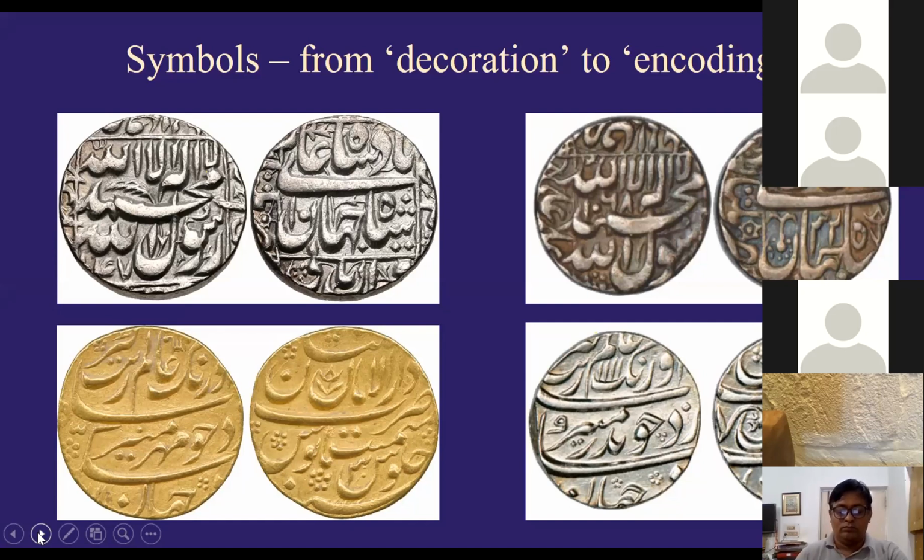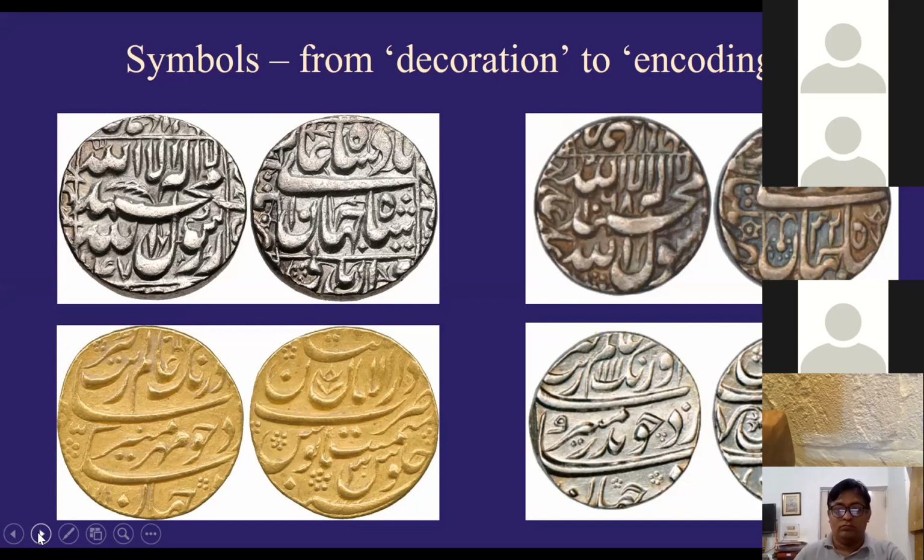And there are lots of Mughal coins where certain features stand out, and they are many times specific to certain mints. So for example, here are 4 examples of coins of Multan. The top 2 coins are of Shah Jahan, and the lower 2 coins are of Aurangzeb. And on all these 4 coins, you can see that there is some sort of floral element.